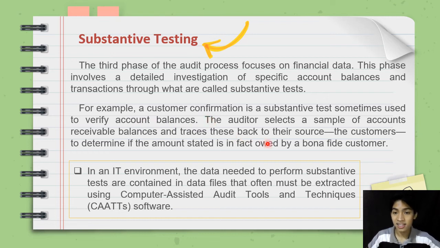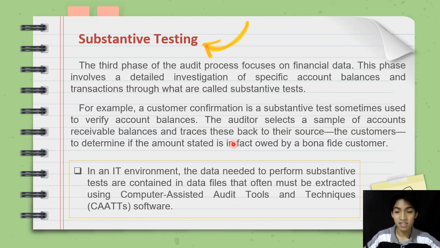The auditor selects a sample of accounts receivable balances and traces this back to their sources, the customers, to determine if the amount stated is in fact owed by a bona fide customer. By doing so, the auditor can verify the accuracy of each account in the sample.